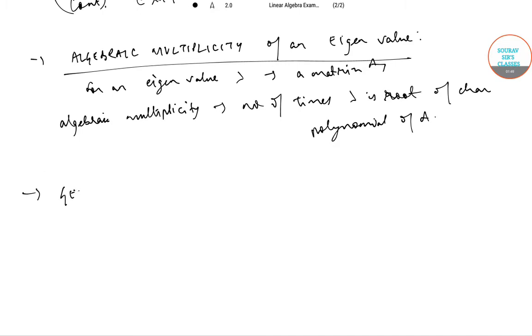Next, we come to the geometric multiplicity of an eigenvalue.